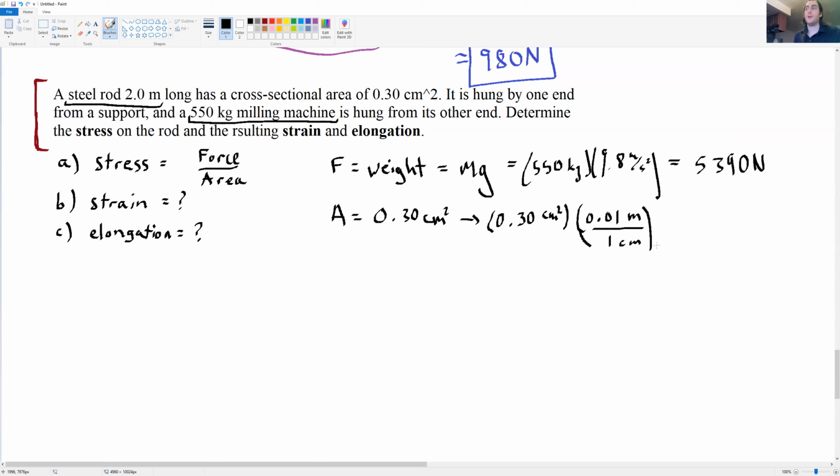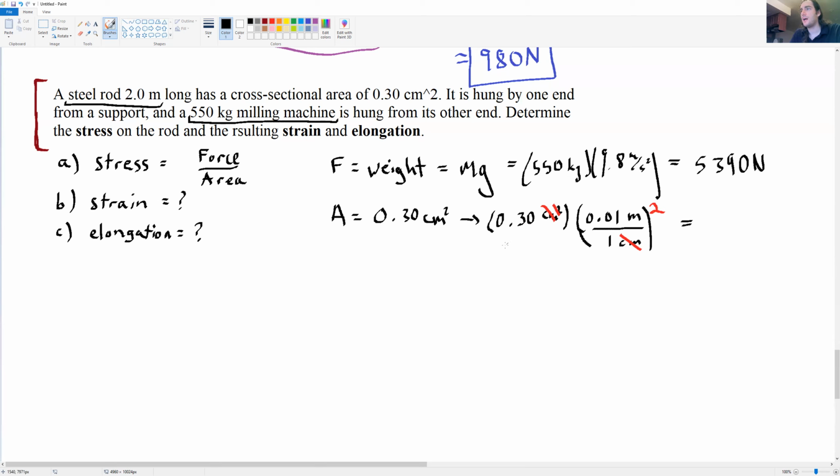Now what we need to recognize is that if I were to just do this conversion like this, I would only cancel 1 power of the centimeters. So my units would be centimeters times meters. So I need to make sure I square this thing to convert both of the centimeters, and then I'll be left with meters squared.